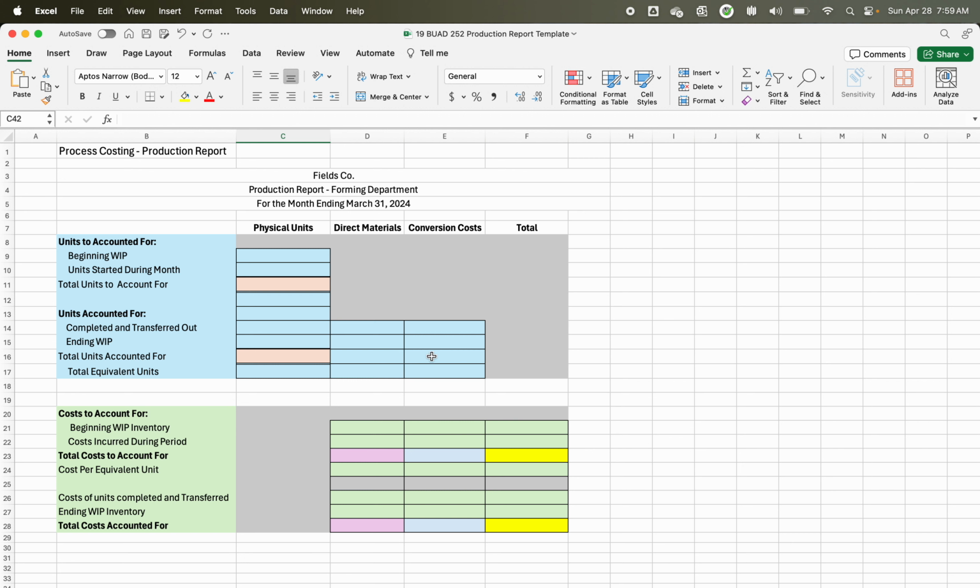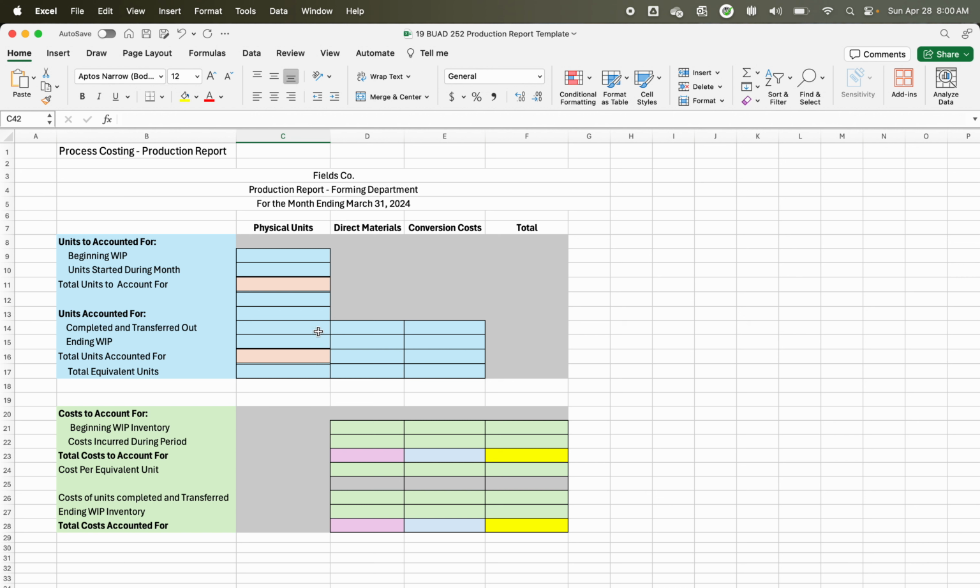So the example I gave during class was a company that was making trail mix. So if you're a trail mix company and you have the roasting department, you put a bunch of nuts in as direct materials. You have some beginning nuts that are ready to go, then you add some during the month, and you have to figure out, okay, that's the number of nuts that I had going into this roasting department.